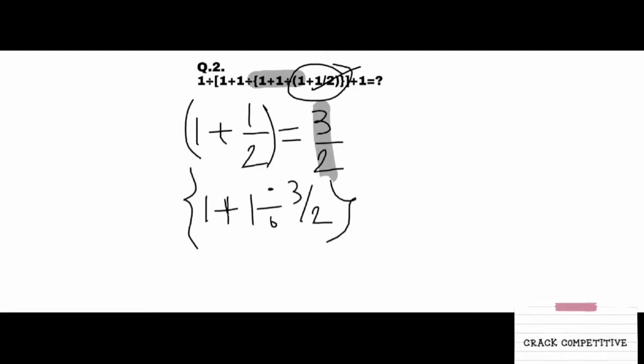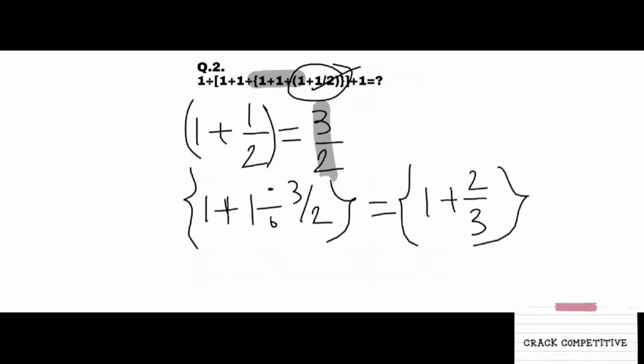Second bracket closed. What does that mean? 1 divided by 3 by 2, or 3 upon 2, whatever you say, means 2 by 3. So in the second bracket it is 1 plus 2 by 3.